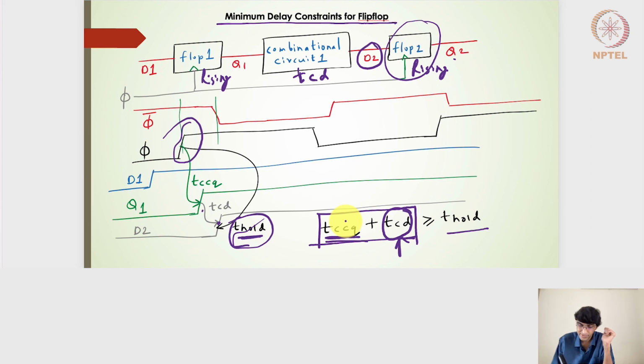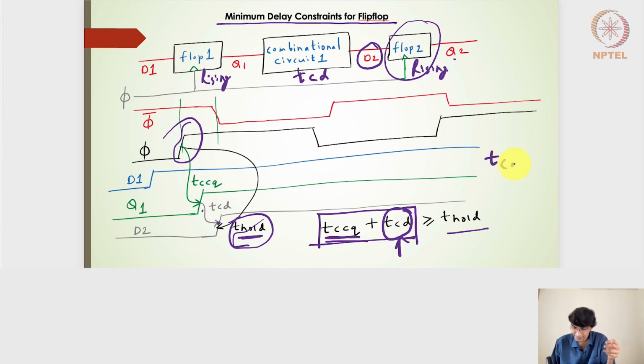So the combinatorial circuit design now has two constraints. One is coming from avoiding the setup time failures, and another constraint is coming from the hold time failures, right? So the setup time failures will give us the maximum delay constraint, and the hold time failures give us the minimum delay constraint.